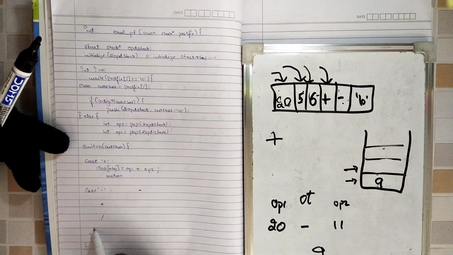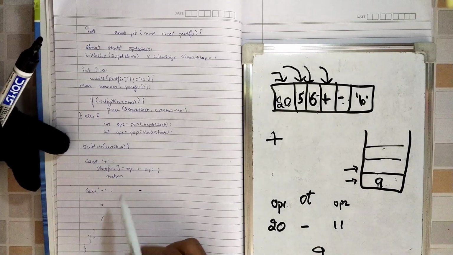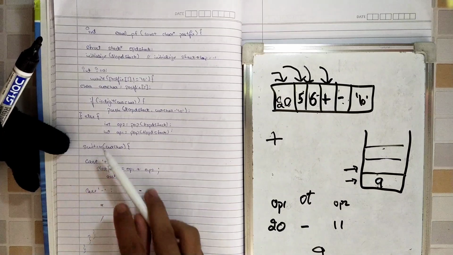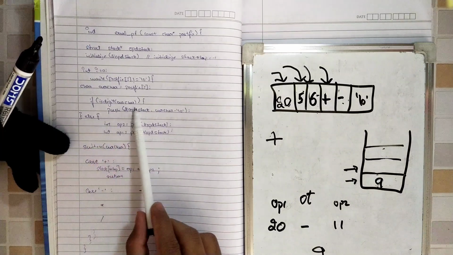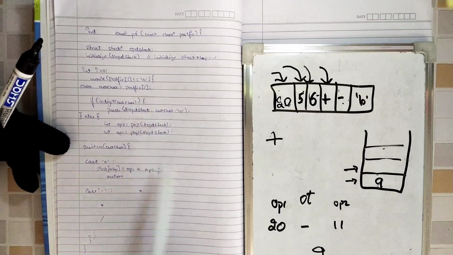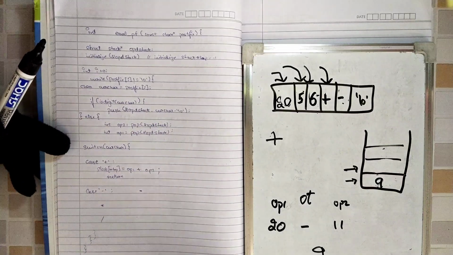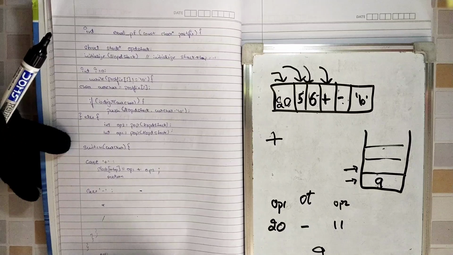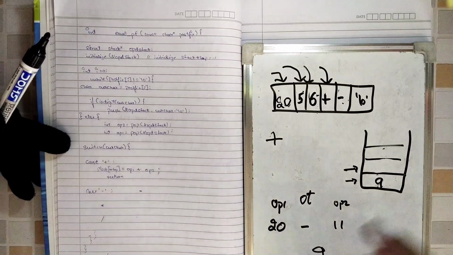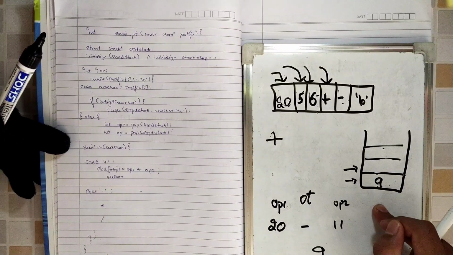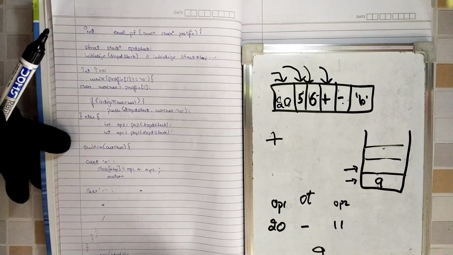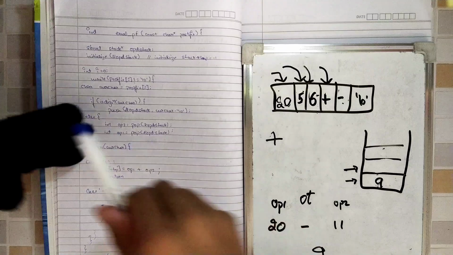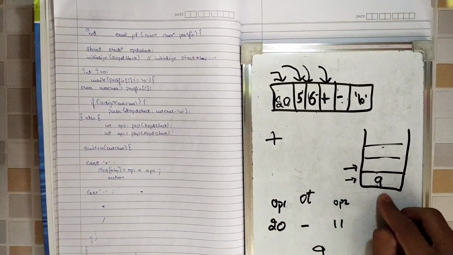The switch case is over, and for the else part, 3 brackets will come: one bracket for your switch, another bracket for your else part, then another bracket for closing your while loop. After closing this while loop, you have to write pop of the operand stack again. Why? Because your result, whatever you calculated, is inside.